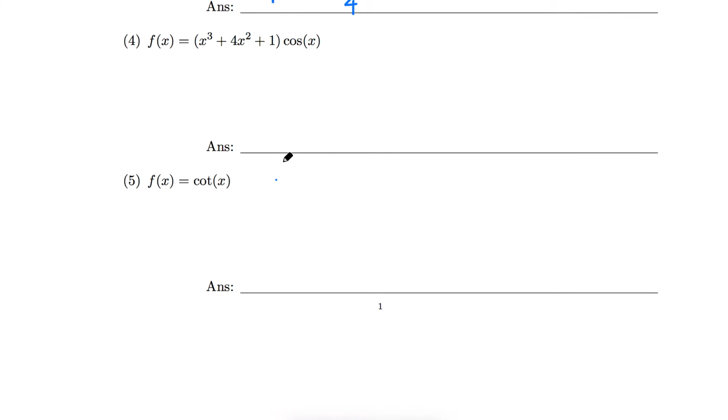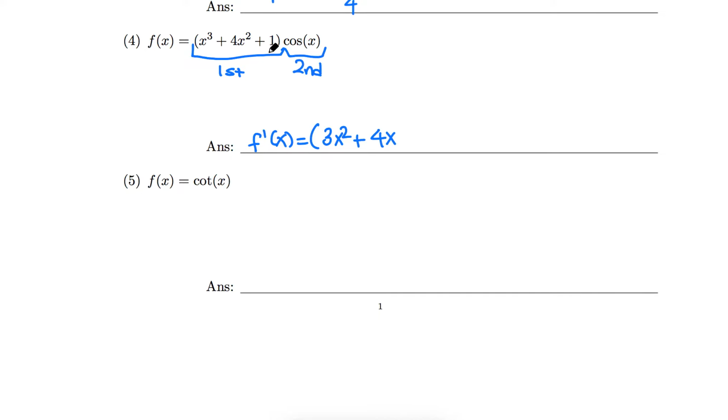This function is a product of a polynomial and a trigonometric function. So we're going to use the product rule. Polynomial is our first function. Trigonometric function is our second function. So f prime of x equals the derivative of the first function. Derivative of x cubed is 3x squared plus 4x. 2 minus 1 is 1.